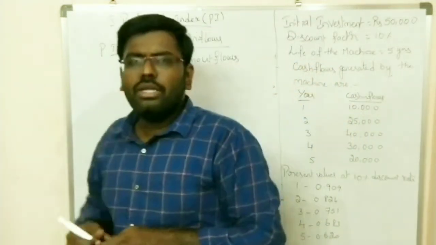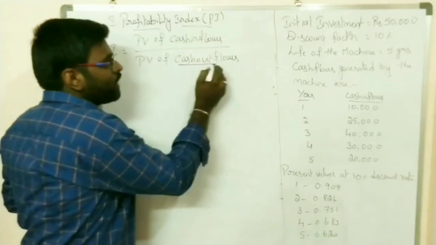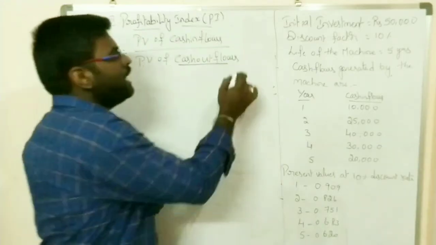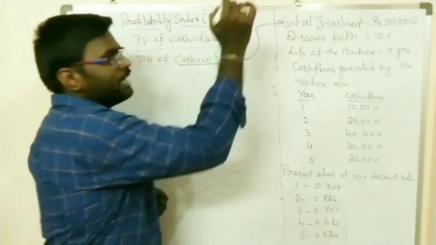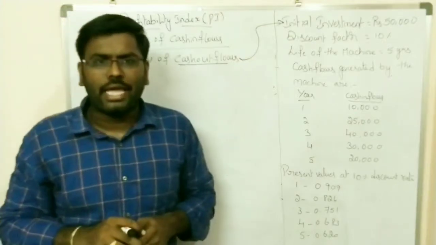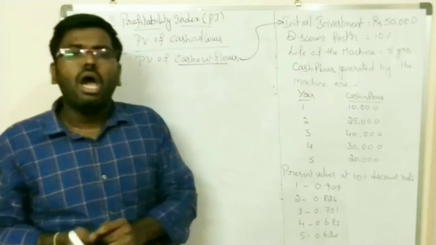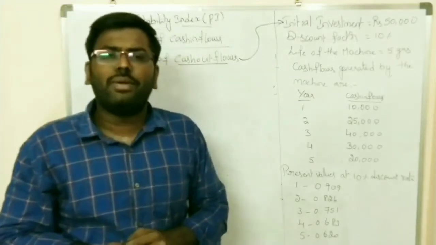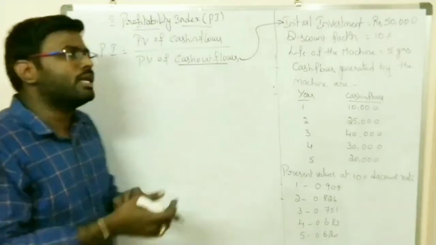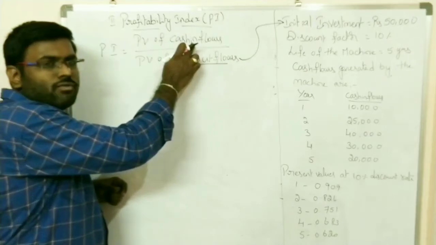The present value of cash outflows is nothing but our initial investment, so there is no need to calculate it again. But we require the present value of cash inflows, which we already calculated in the net present value calculation.